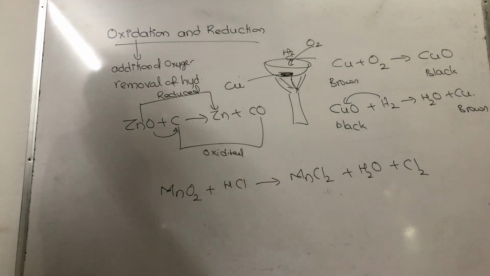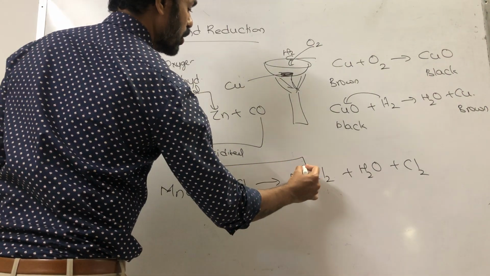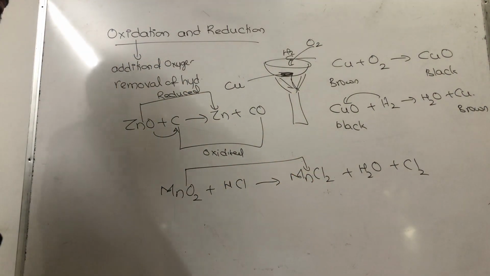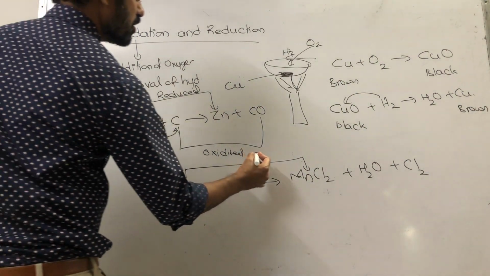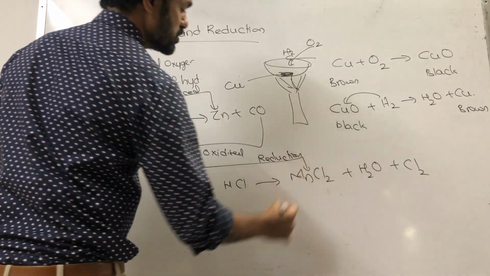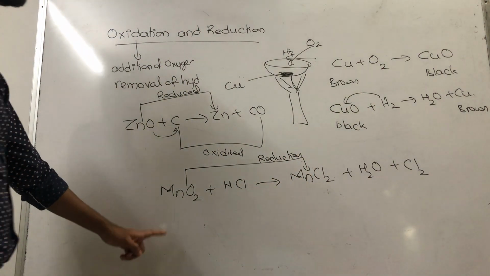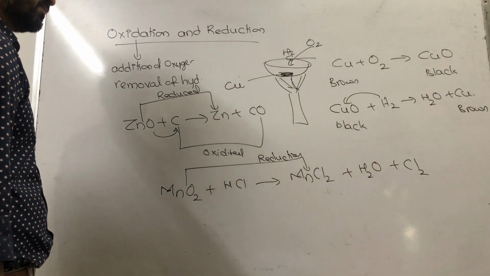So what do we notice? We notice that manganese dioxide loses its oxygen and it forms MnCl2. Now because it is losing oxygen, this is your reduction reaction. So we can say manganese dioxide gets reduced to MnCl2.